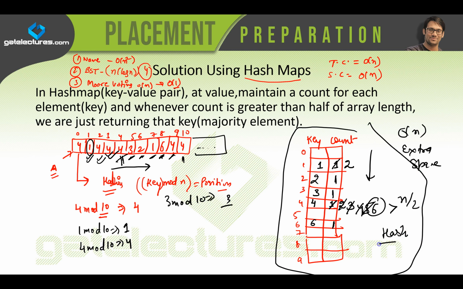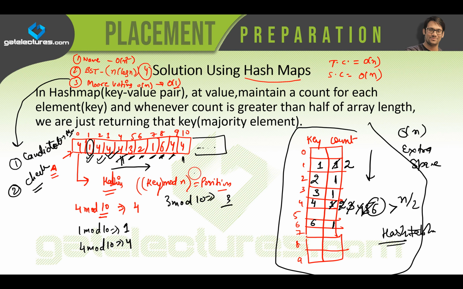Just to create this hash table, we are going to use order n extra space, but we don't have to go through the entire loop again. And secondly, we don't need two different algorithms. In Moore's voting algorithm, we needed two different steps. Number one is to find the candidate, and second is to check whether it is a majority element or not.